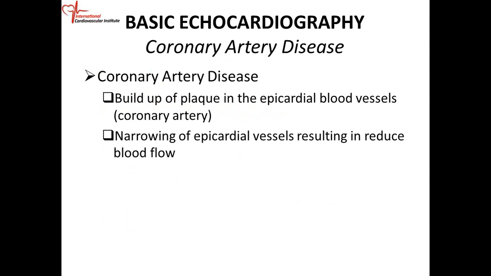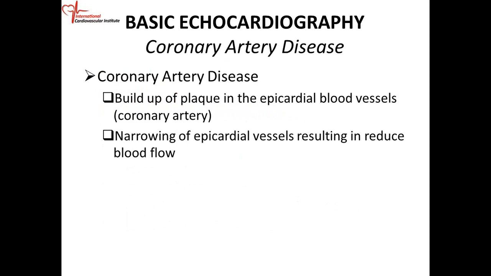Or if the plaque bursts, then you can get clotting on top of the plaque, and the patient can present with acute coronary syndrome. And we talk about acute coronary syndrome: STEMI, non-STEMI, unstable angina, and sudden cardiac death. So if you remember, we discussed all of that.